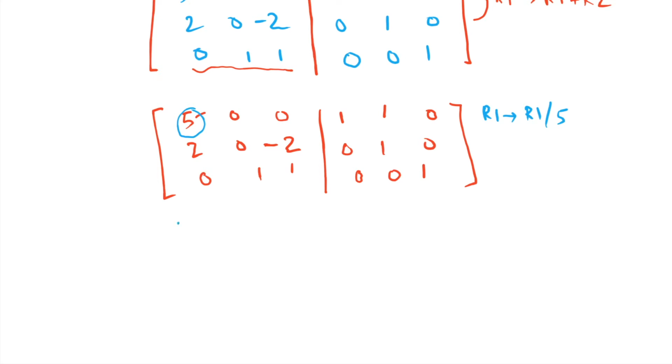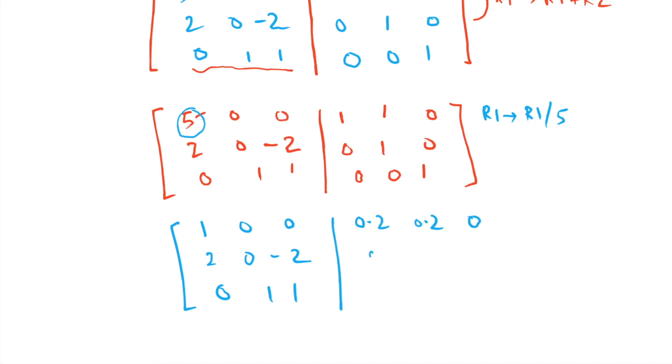And then the result will be [1, 0, 0], and the rest of the rows will remain the same: [2, 0, -2] and [0, 1, 1]. And on the right side of the bar, this will become [0.2, 0.2, 0], then [0, 1, 0], and then [0, 0, 1].